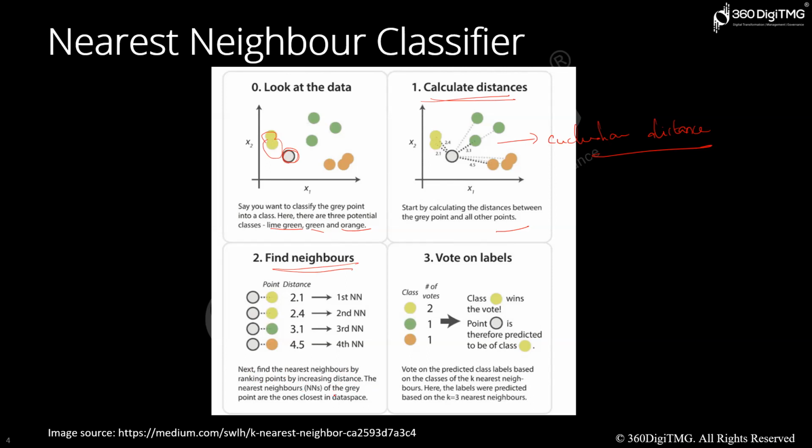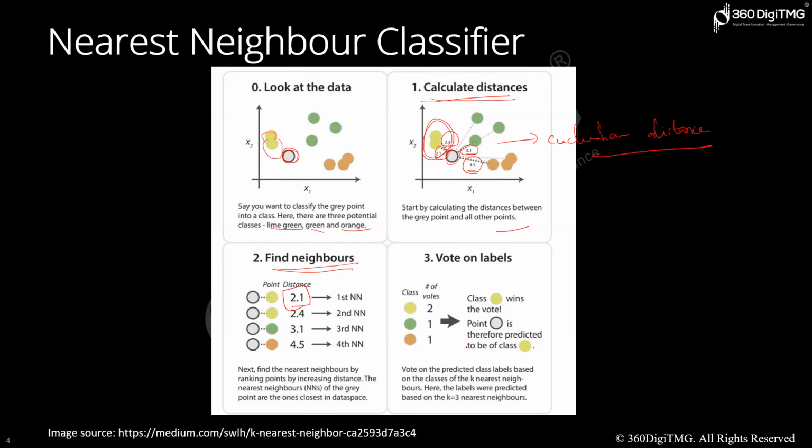The nearest neighbors of the gray point are the ones closest in data space. The distance from gray to yellow or lime green is 2.1 and 2.4, from gray to green is 3.1, and from gray to orange is 4.5. So the nearest neighbor, at 2.1, is lime green.